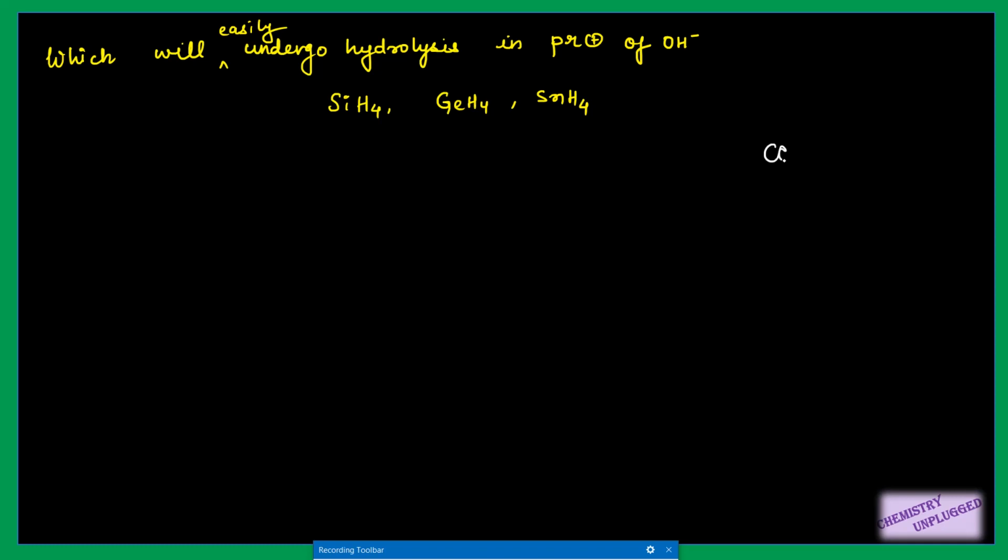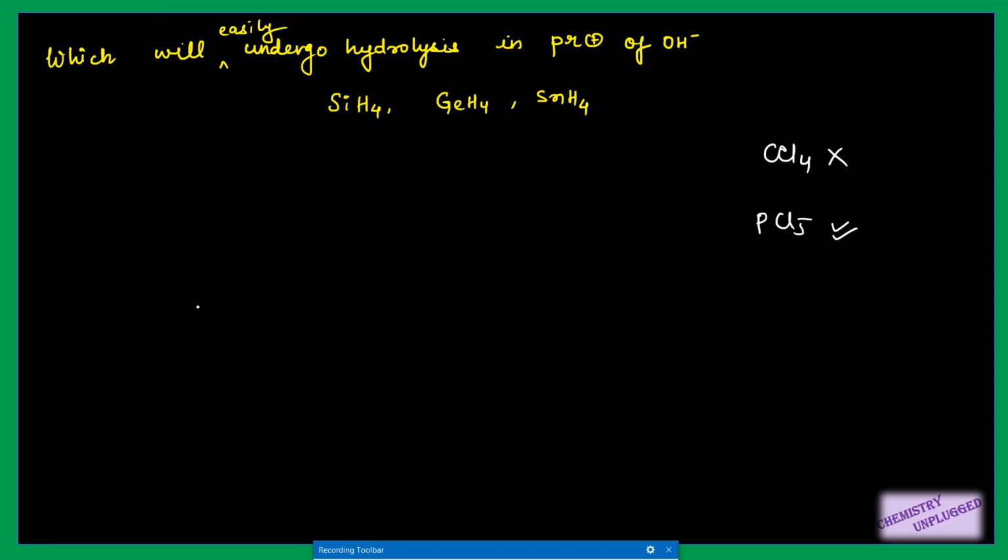Means if you have CCl4 and PCl5 and we want to do hydrolysis of these two, it is possible for PCl5, but not possible for carbon tetrachloride, because it doesn't have any d orbital to take electrons from the water molecule, right?